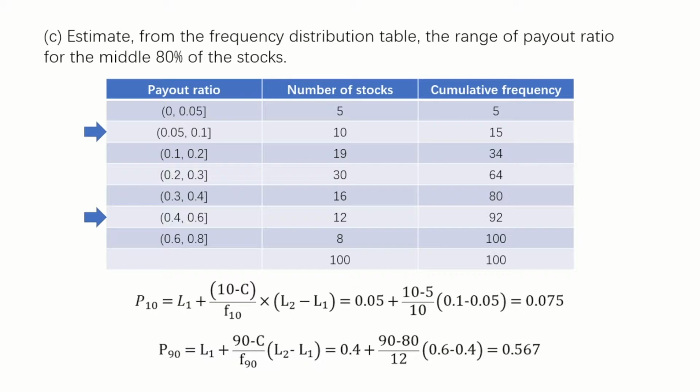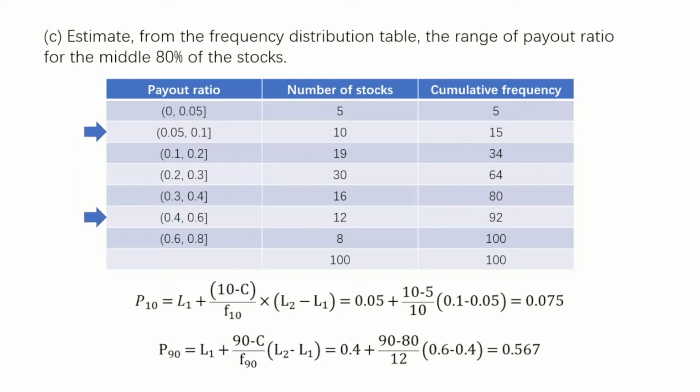And to calculate a percentile, first we need to find which class it falls in. P10 is falling in the second group and P90 is falling in the sixth group. We apply the formula P10 equals L1 plus (10 minus C) divided by F10, multiplied by (L2 minus L1).